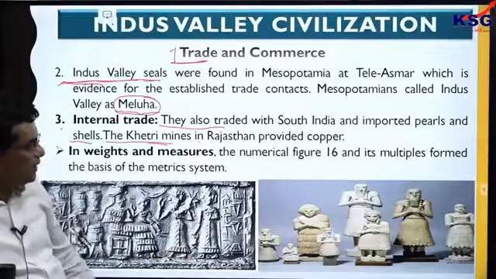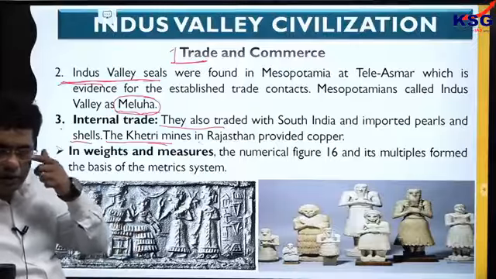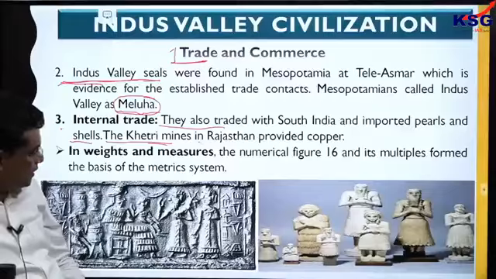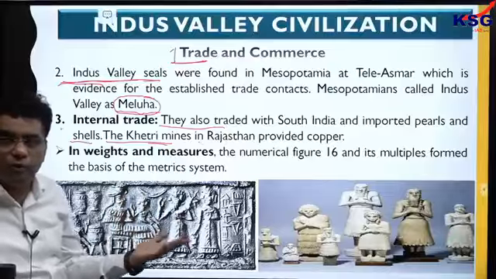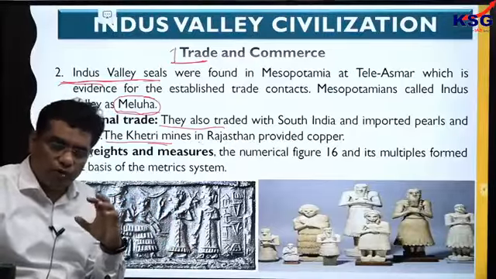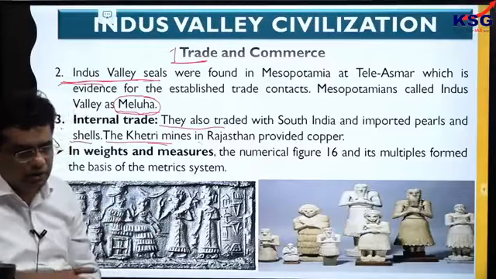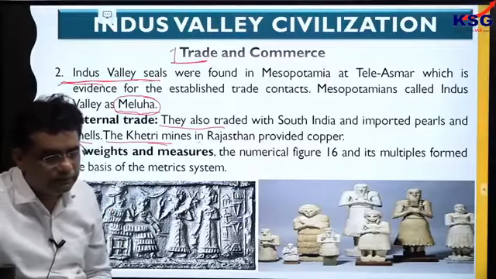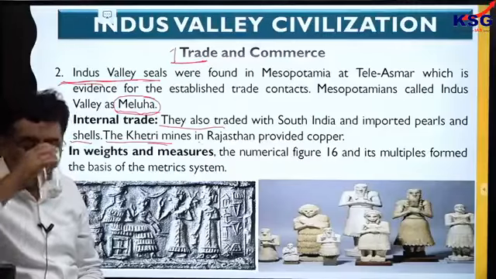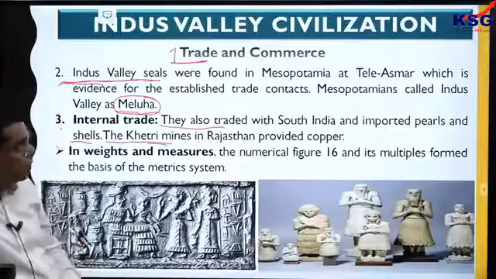Rajasthan is very good for copper. So they had excellent trade and commerce. Many Indus seals are found in Mesopotamia and many Mesopotamian seals are also found in the Indus Valley civilization. It's not one way, it's two ways.